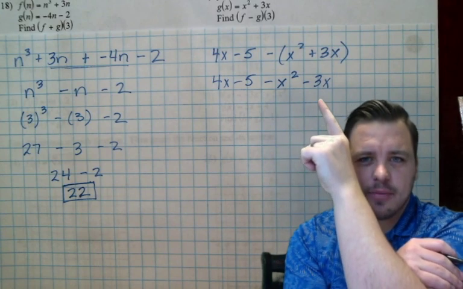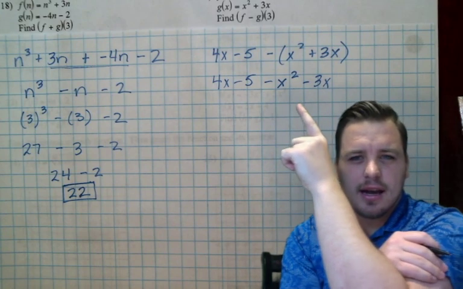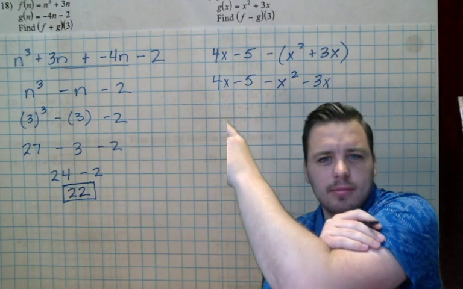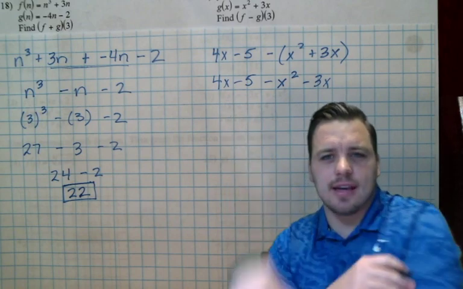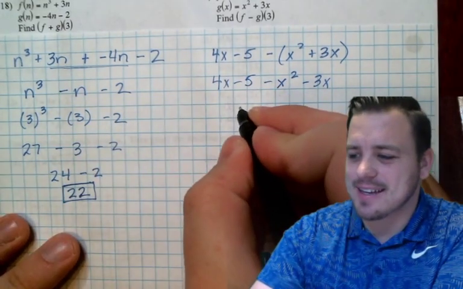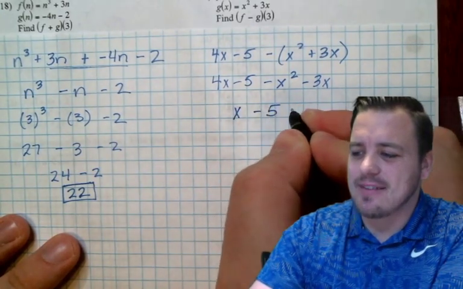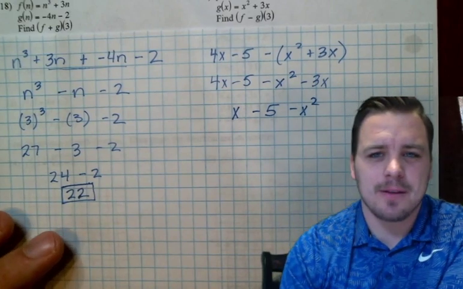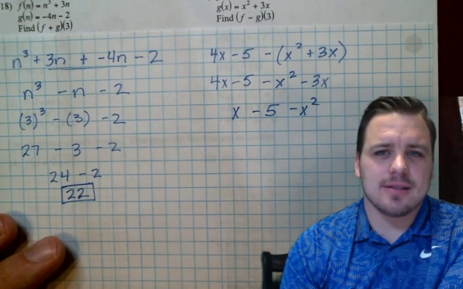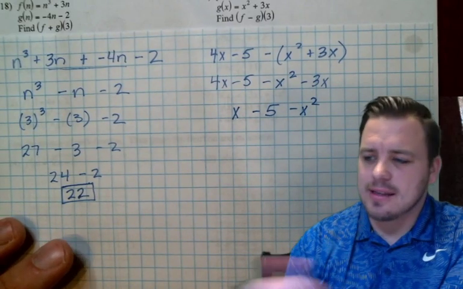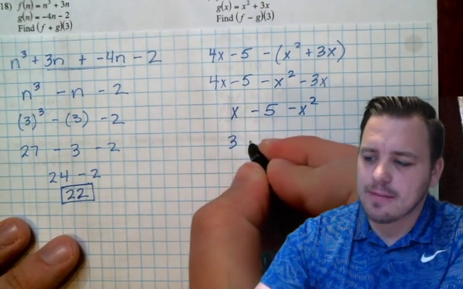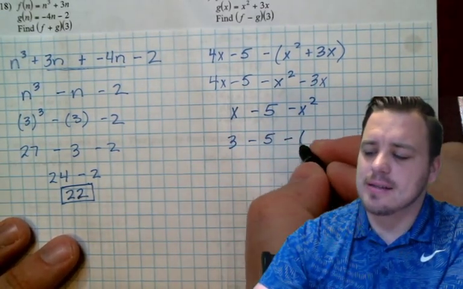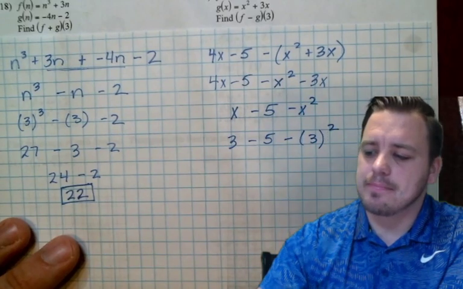So if you look right here, I'm going to put negative 3x and 4x together. So 4x minus 3x is x, minus 5 minus x squared. So just combining like terms that are there. And then I'm just going to plug everything in. 3 minus 5 minus 3 squared.